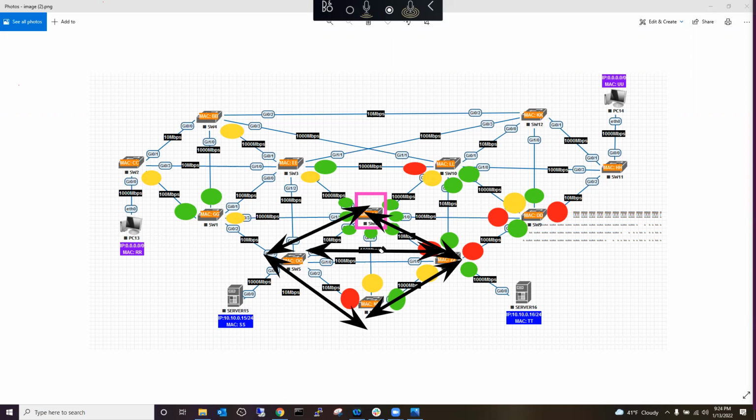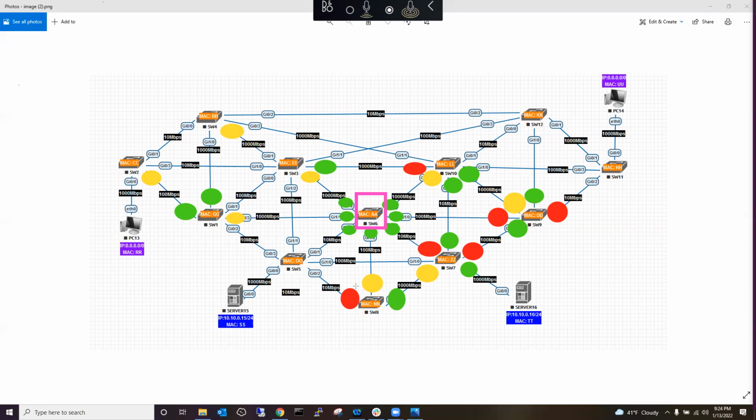So if we are talking about the designated port, I'm going for switch 8 being the designated on that port, and then switch 5 blocking on the G02.